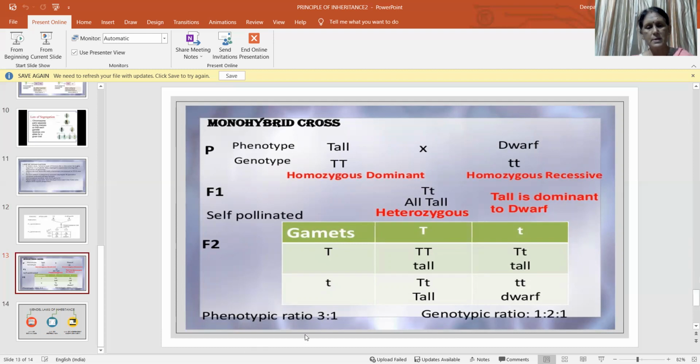Why is it different from this ratio? Because here genotype is considered. Genotype means gene composition. One means capital T only is present, and capital T small t, 2 are present here, although phenotypically all of them are tall. And here one represents the dwarf, small t.